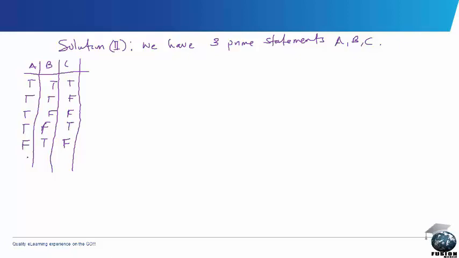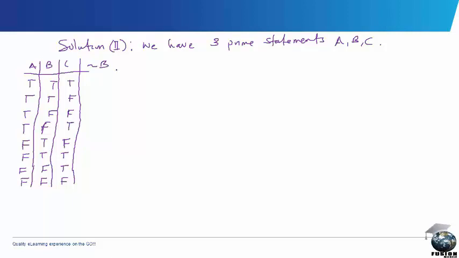Alright, it could as well be false, true, and true. Then false, false, and true. Alright, and then the last one that follows intuitively, you have false, false, and false.